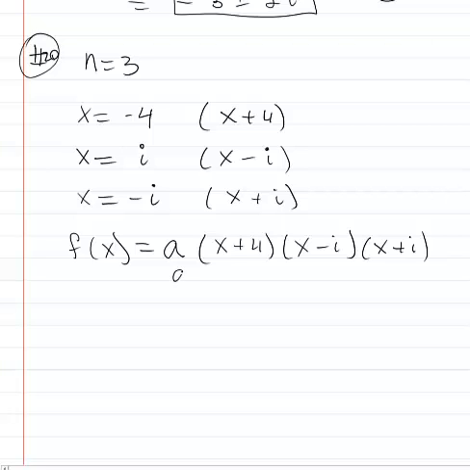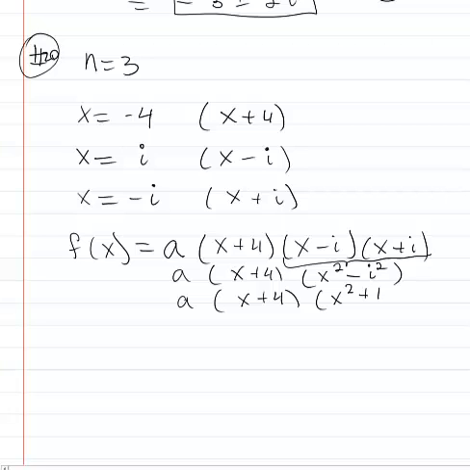First I'm going to multiply this complex pair so I can get a polynomial with real coefficients. It's going to be x squared, then minus ix plus ix cancels out, so it's going to be minus i squared. Let me take one more step. Times x plus 4. i squared is negative 1, so it's going to become x squared plus 1.